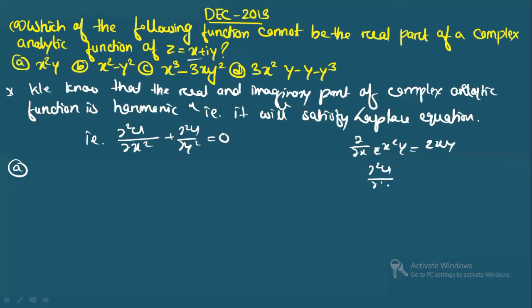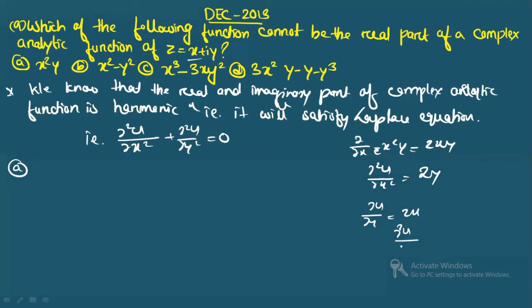Del square u del x square, on differentiating again, will be 2y. And again del u del y, if you do, you will get 2x.